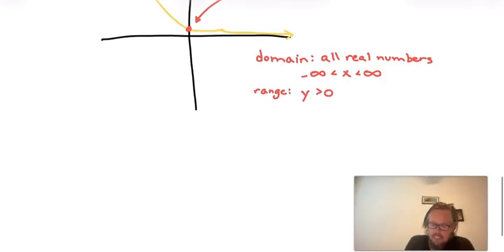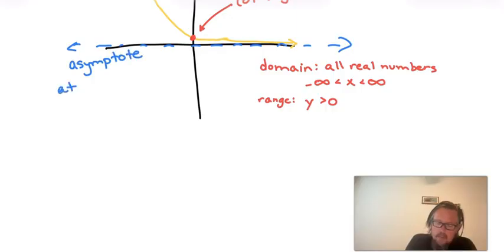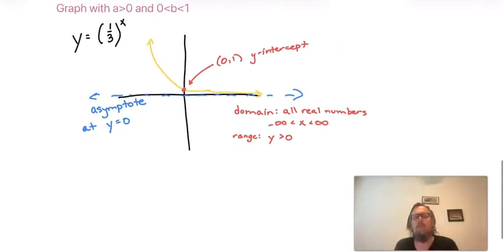So we are again going to have an asymptote, that invisible barrier right there, at y equals 0.